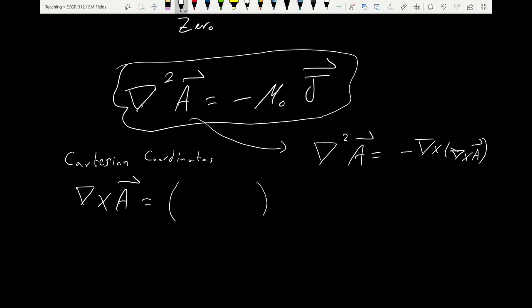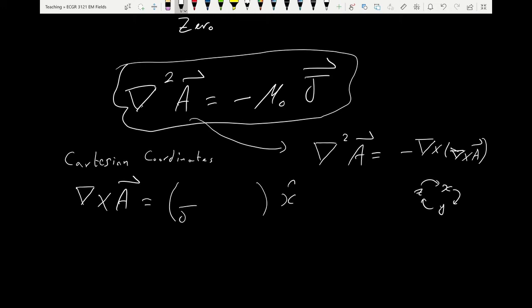Well, I can write it down. So the x hat, and I don't have to memorize it. I know the x hat component starts with, remember that circle, x, y, z: after x comes y, after y comes z, and then z goes back to x.